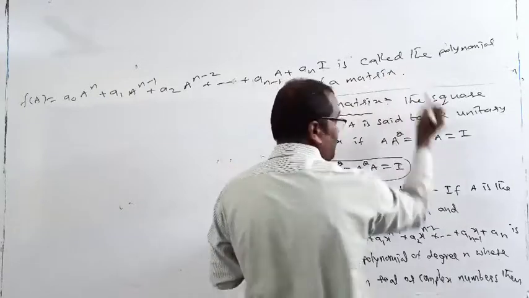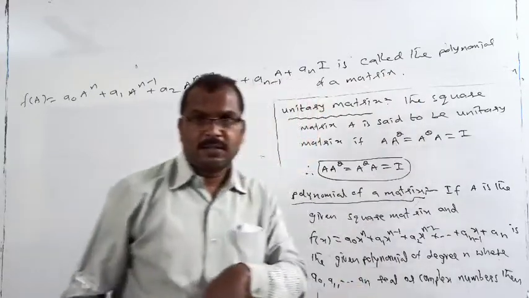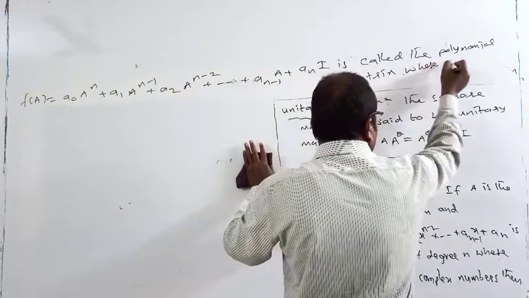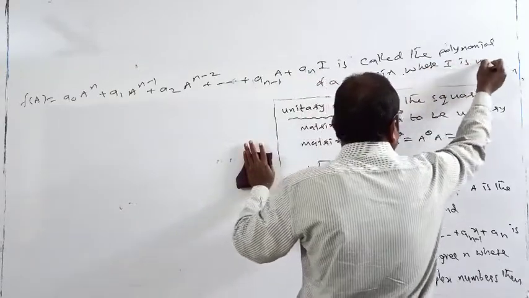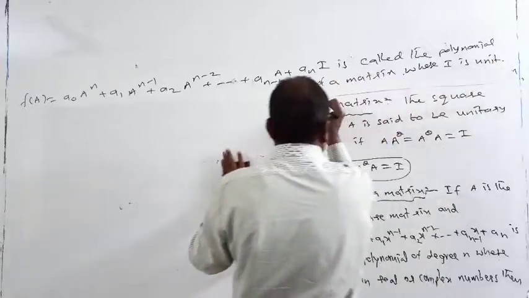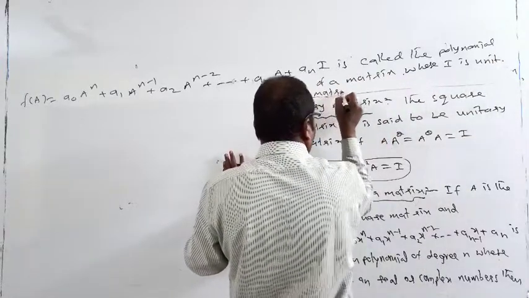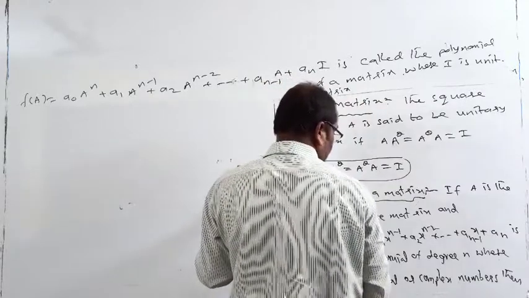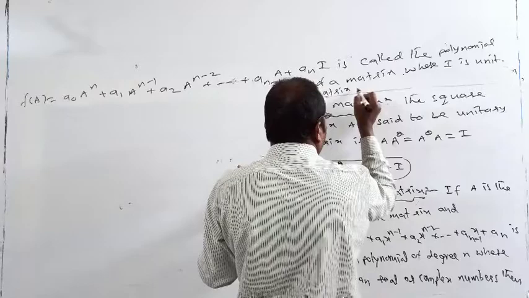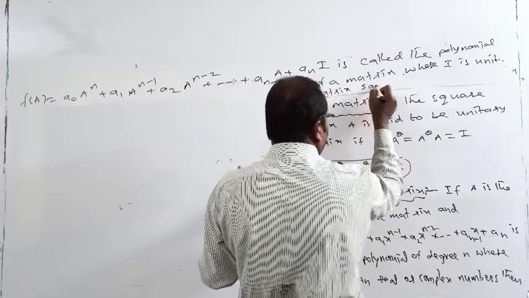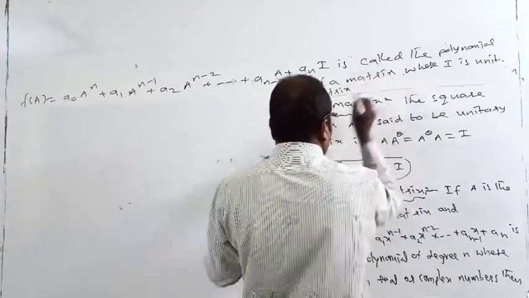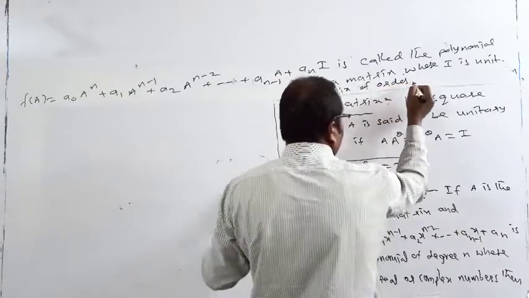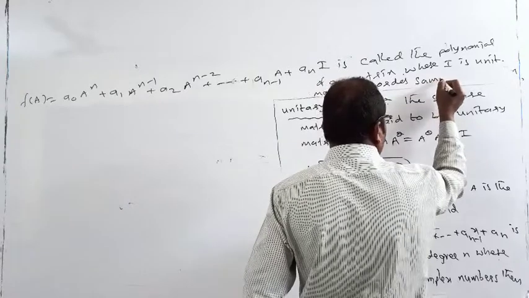This polynomial contains matrices where I is the unit matrix of the same order as A.